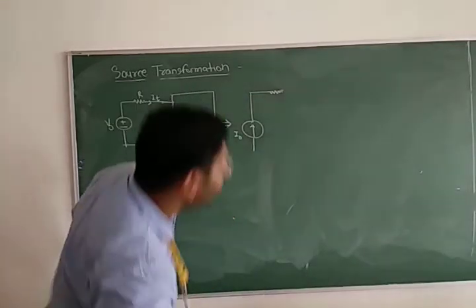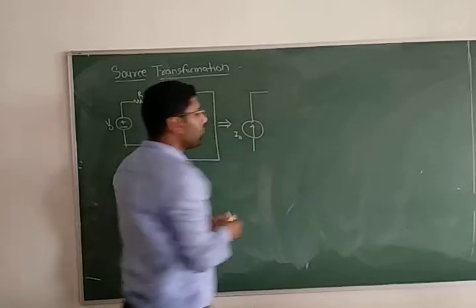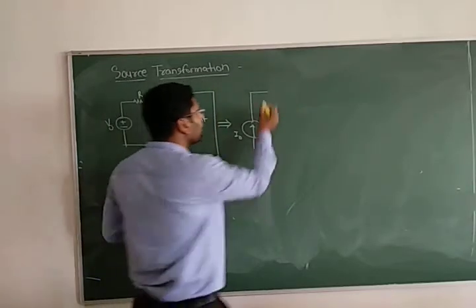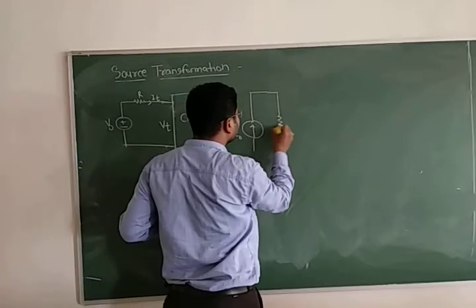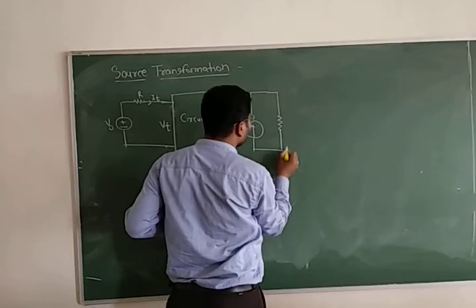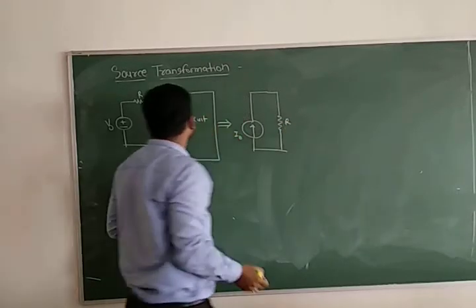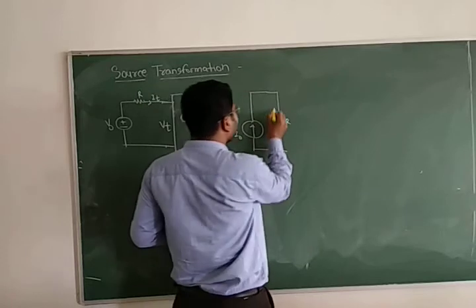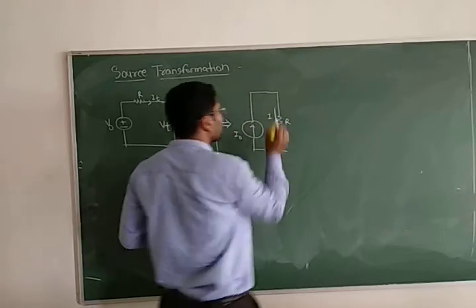In the transformation, when you are converting into the current source, the resistance should be in parallel. So this is R, and you have to calculate the current through this resistor.